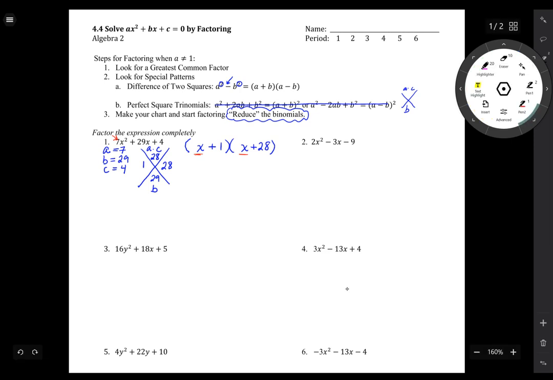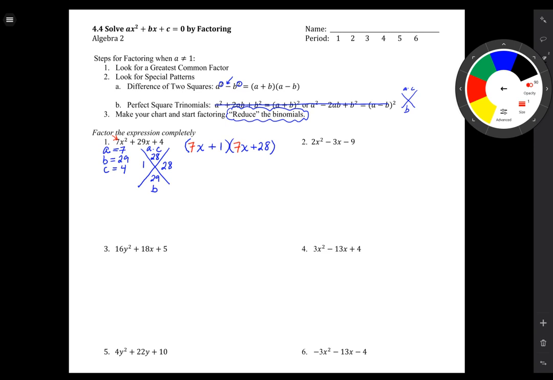So what does work, and this is one of the new quirks about this type of factoring, is that we put a 7 here, because that's what A was. That's the first thing you notice that's different than just plain old factoring when A was 1.